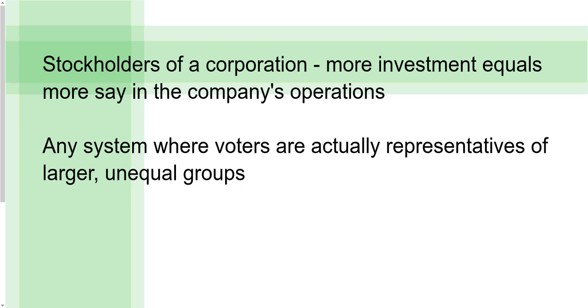If there's, say, 1 million shares of stock available for a company, let's say a big tech company, the CEO might have 400,000.